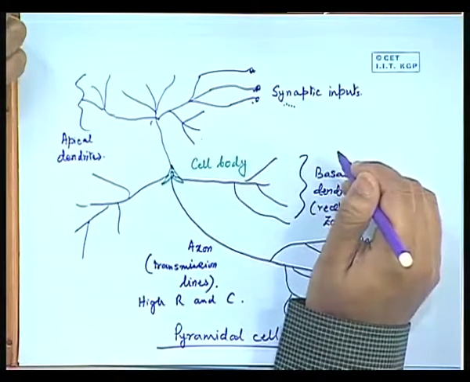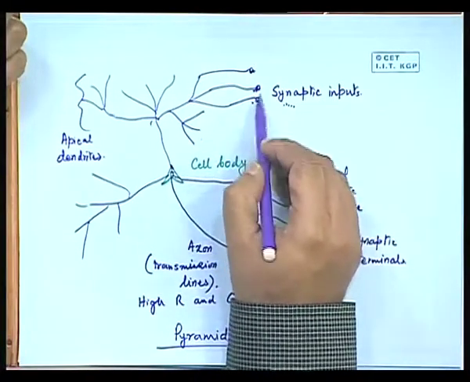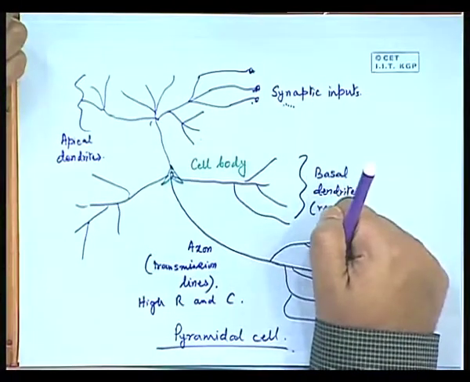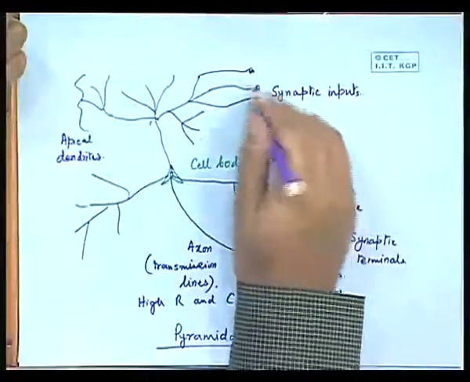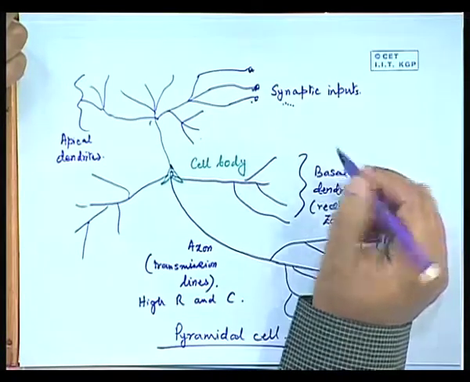So, what we do is that we alter the connection strengths, and then we feed the same inputs and find out what the output is going to be. This time we may be closer to the desired, but still we may not be exactly equal to the desired, so it will go through another round of synaptic strength modifications, and this could go on iteratively till the actual response is close to the desired response.